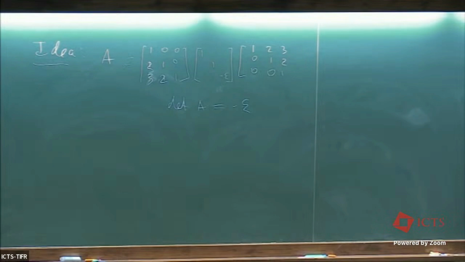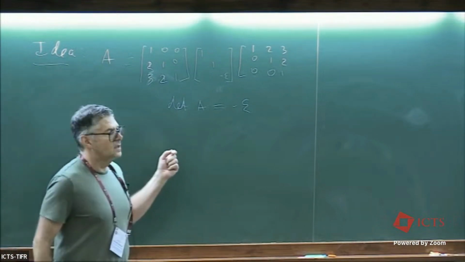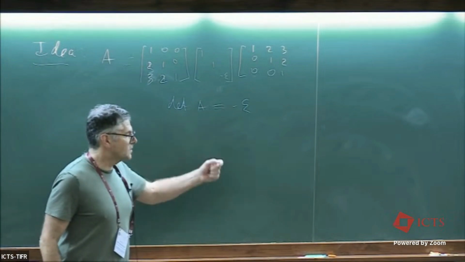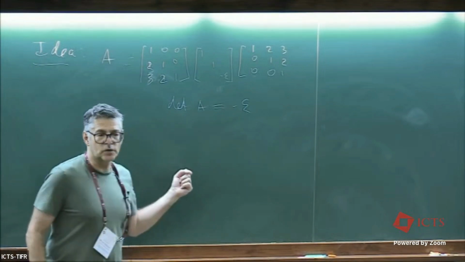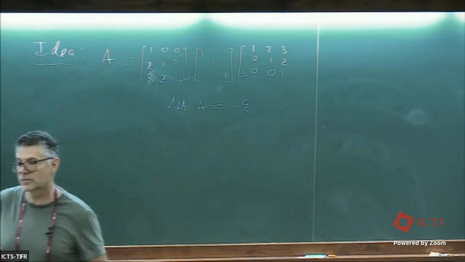It also illustrates one important difference between totally positive and totally non-negative matrices, whose minors can be positive or can be zero.